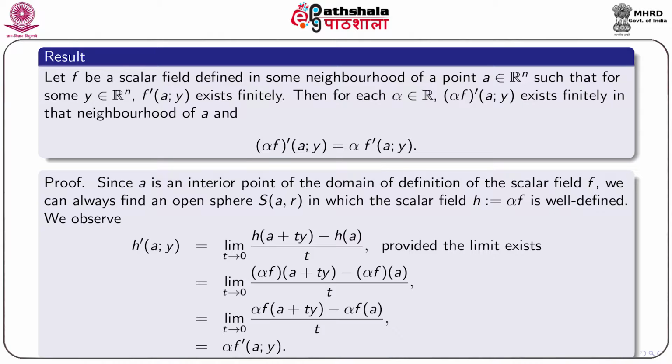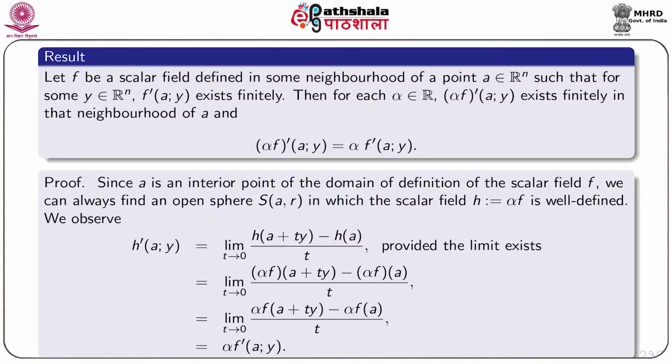Now, since a is an interior point of the domain of definition of the scalar field f, we can always find an open sphere S(a, r) in which the scalar field H equal to alpha f is well defined. The value of r will depend on the value of alpha.